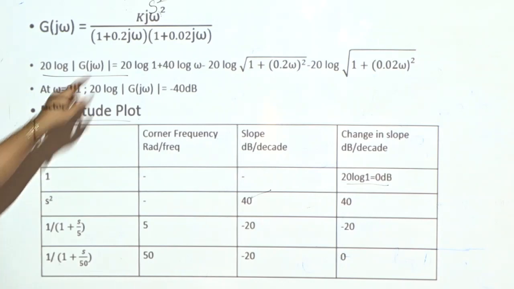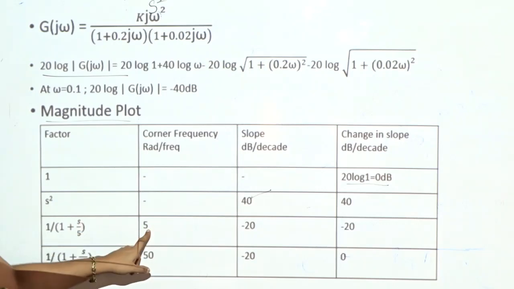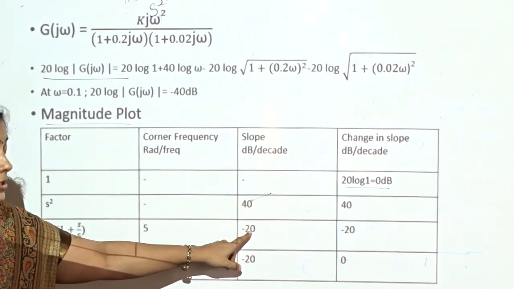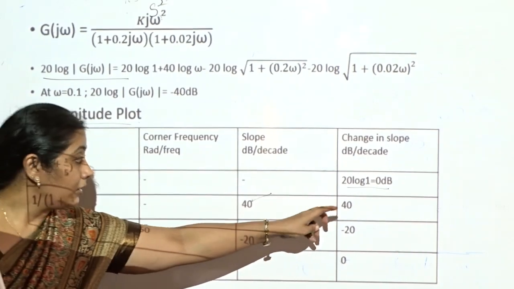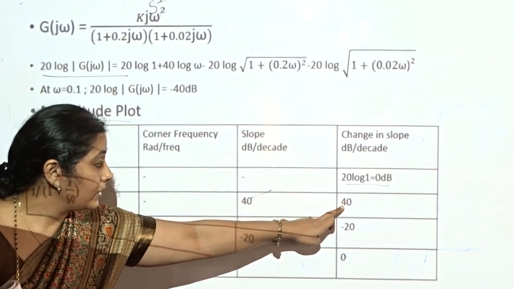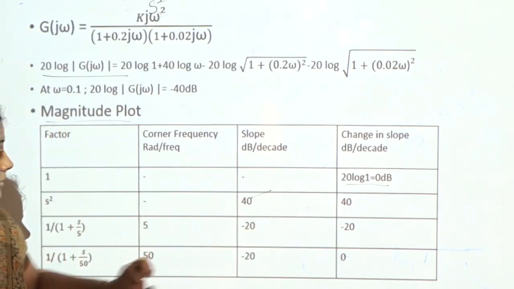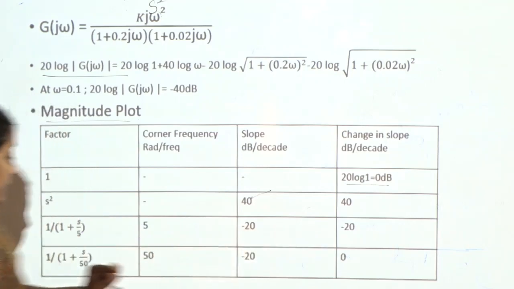Then, due to the first pole, 1 by 1 plus s by 5, the corner frequency is 5. The slope due to this will be minus 20. First of all the slope will be plus 40, and onto the plus 40 you add a minus 20, so the total slope becomes plus 20.